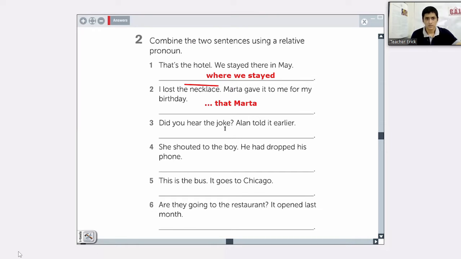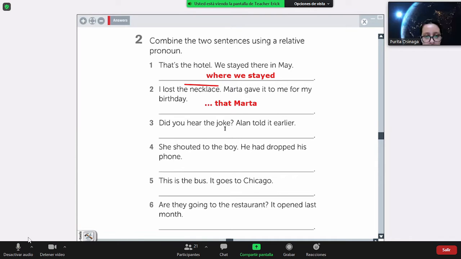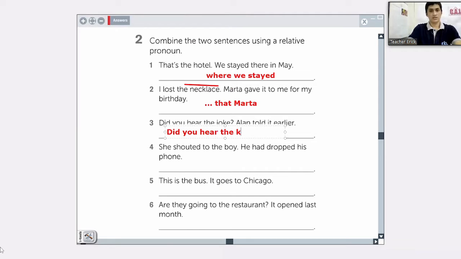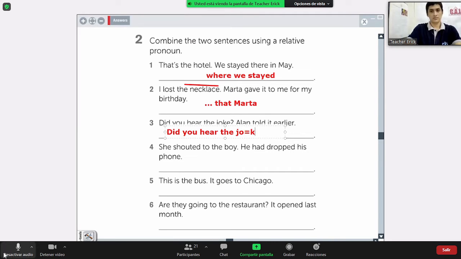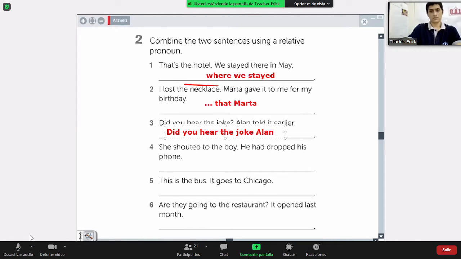What about number 3? Did you hear the joke Alan told earlier? That Alan told earlier. Okay. Did you hear the joke? That.